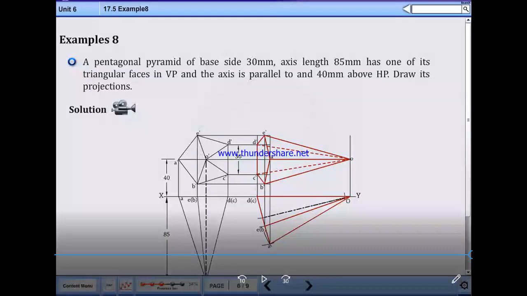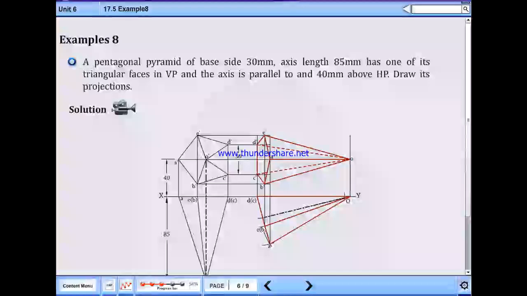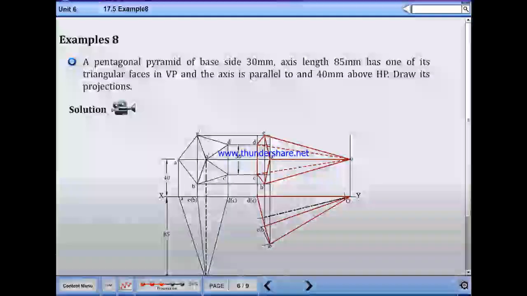Draw its projections. Note the figure also. Now that will be explained with the solution.